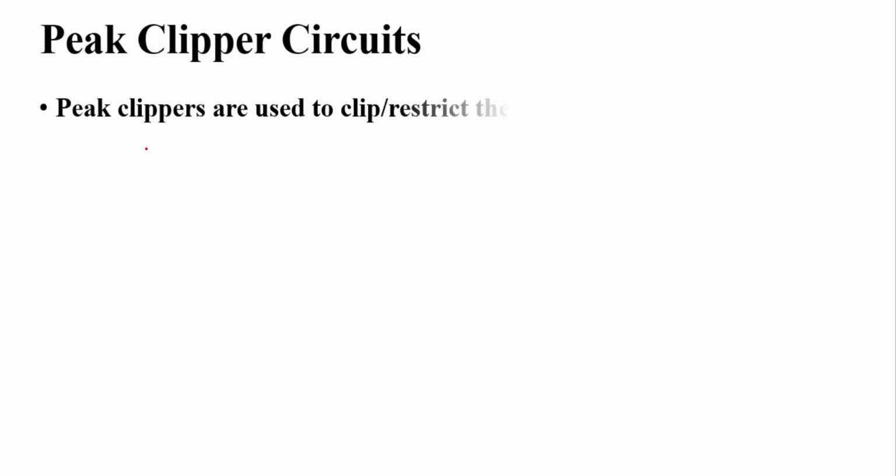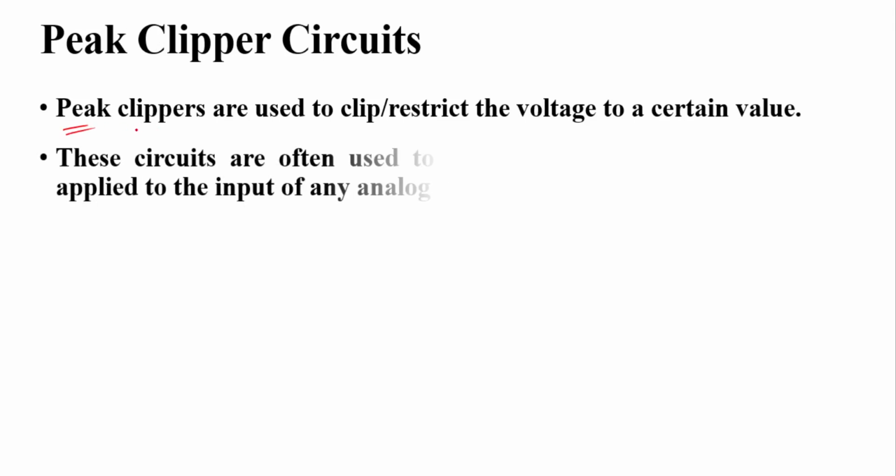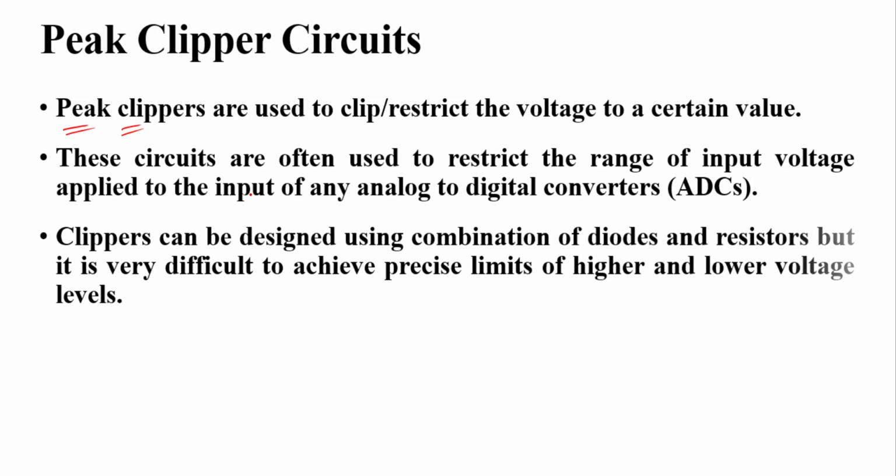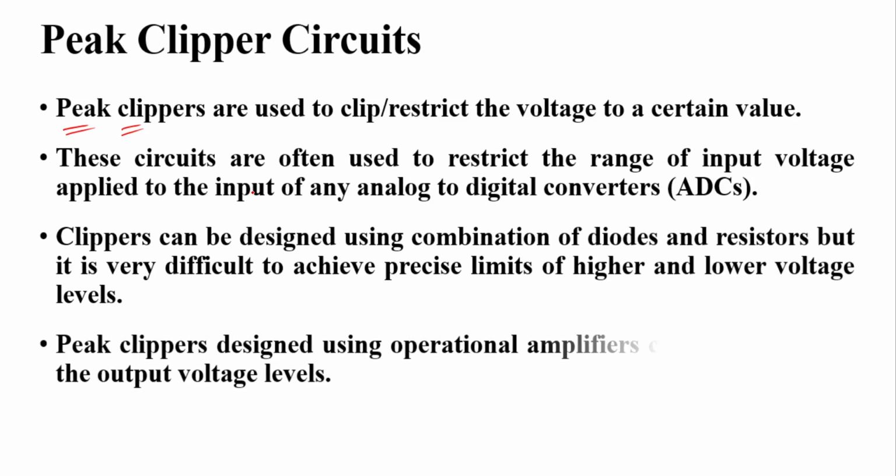So, the first question that comes to our mind is, what is a peak clipper circuit? Peak clipper circuits are used to clip or restrict a voltage to a certain value. What does that mean?